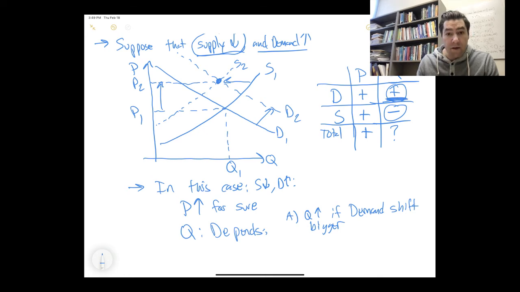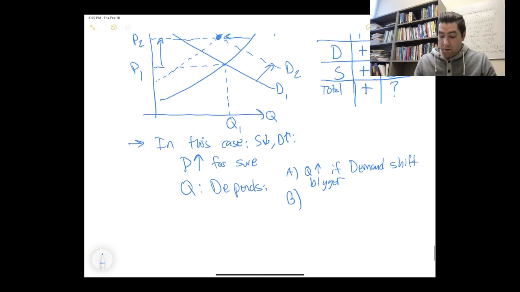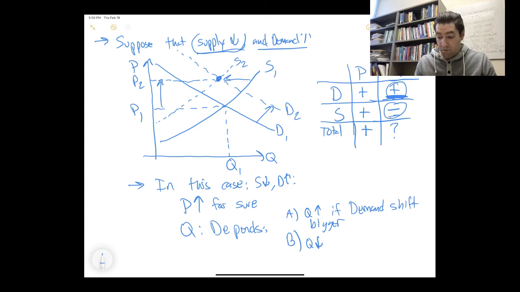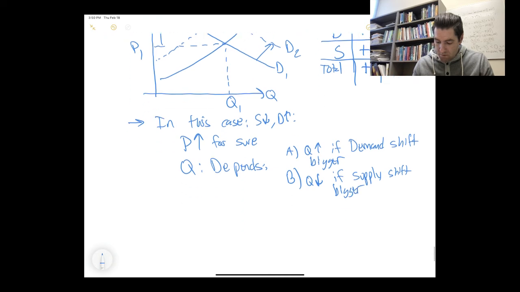That's going to make the effect an increase in the quantity. B, the quantity will go down if the supply shift was the bigger effect, because that's a negative on the quantity. Finally, there's no change in the quantity if the two shifts are equal, or by the same amount.